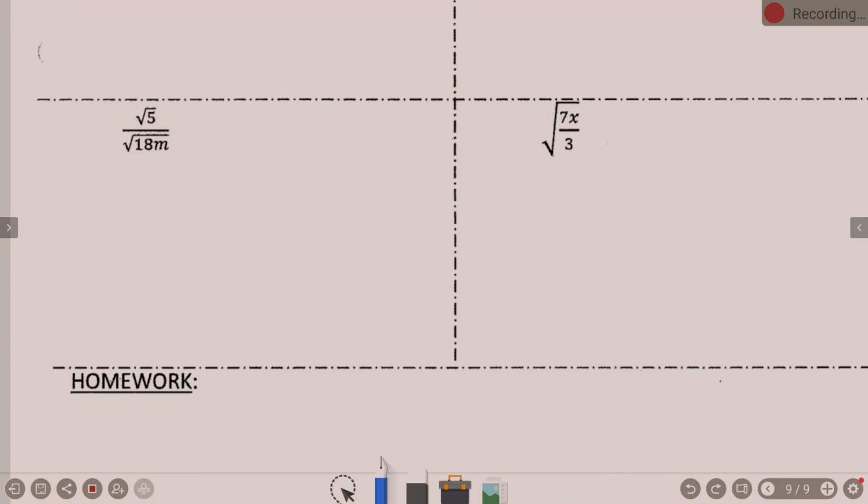Let's start on top first. Does 5 have any perfect squares in it? No, 5 is just 5 times 1. That's 5. What about 18? Does 18 have any perfect squares in it?